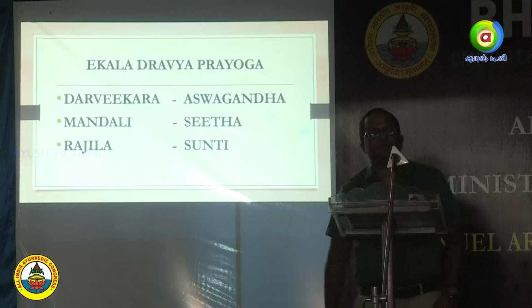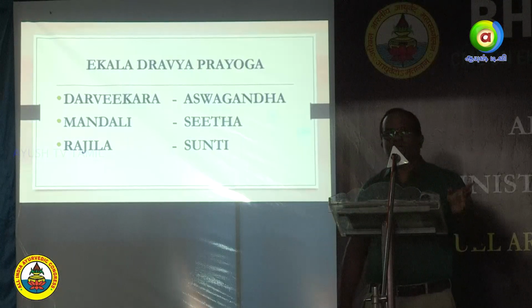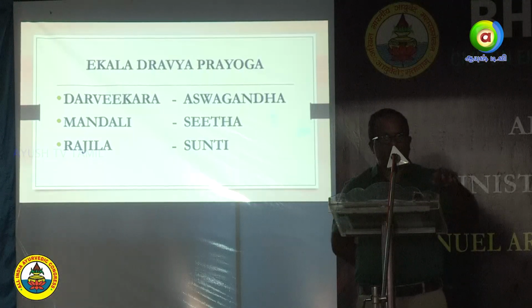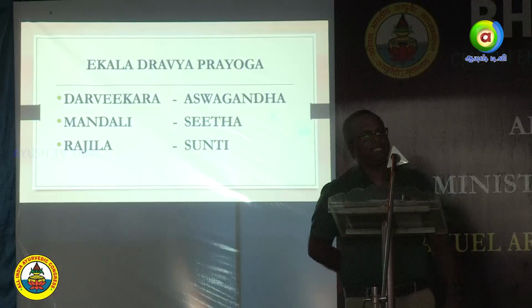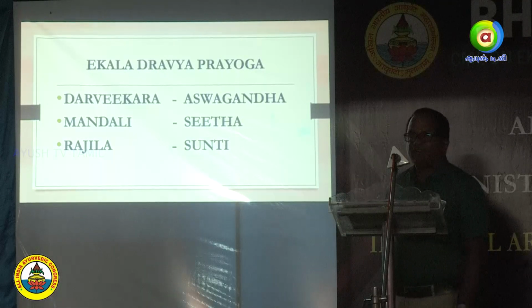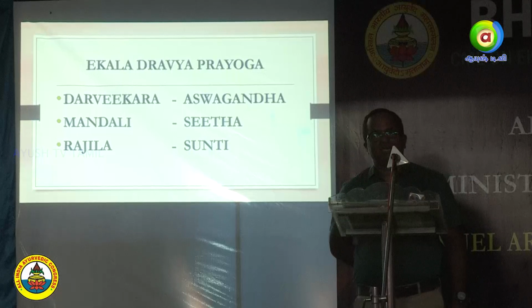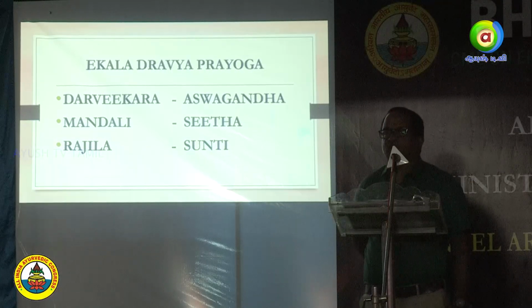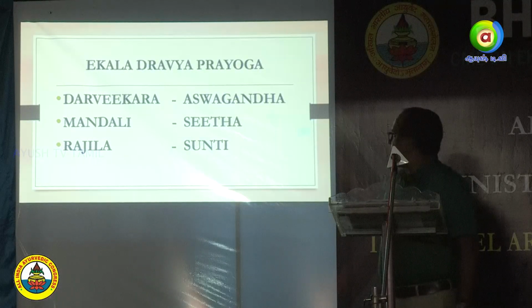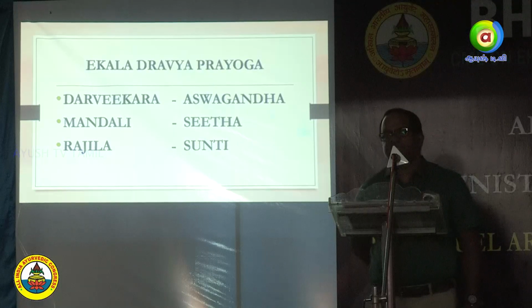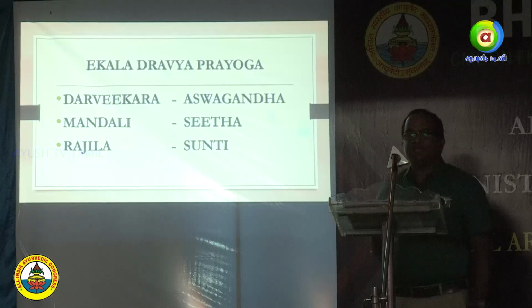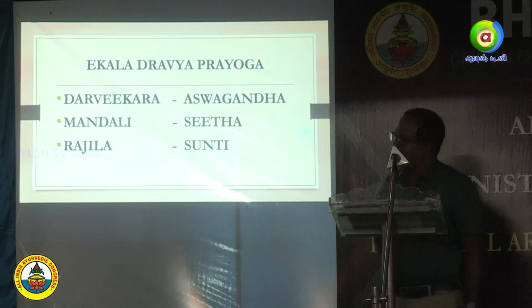Since the topic refers to Ekala Dravya Prayoga, there are Agraushadhas mentioned for these three snakes. For Darvikara, Ashwagandha is a potent antitoxic agent. For Mandali, Sheeta, that is Chandana. For Rajila, Shundi is mentioned.